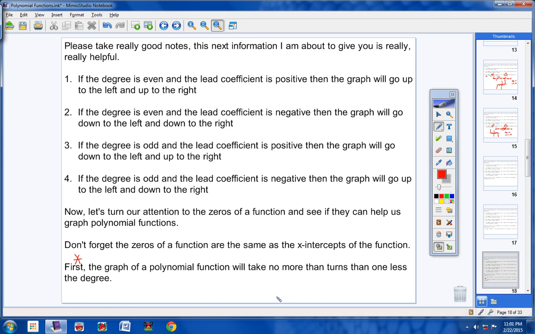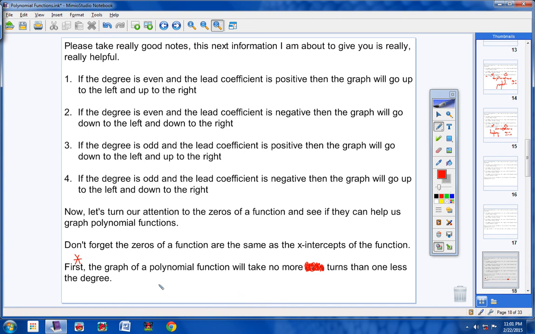Got it? The graph of a polynomial function will take no more turns than 1 less than the degree.